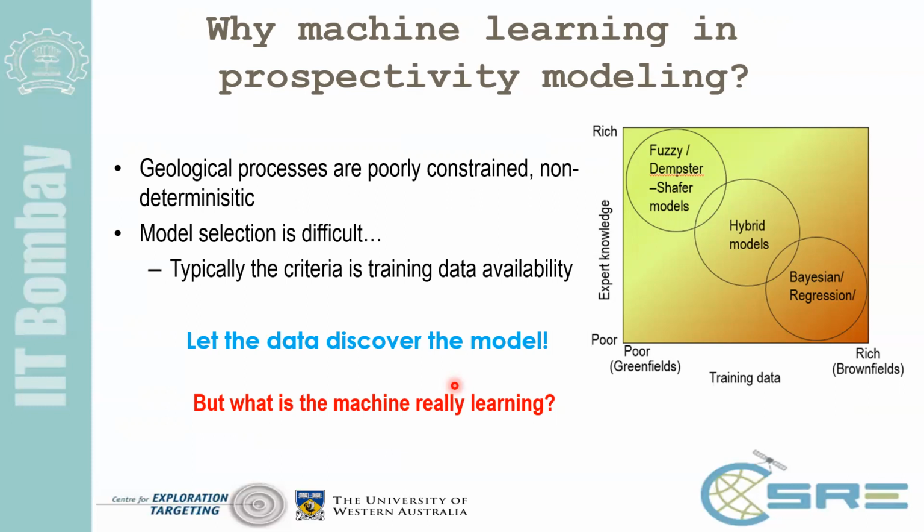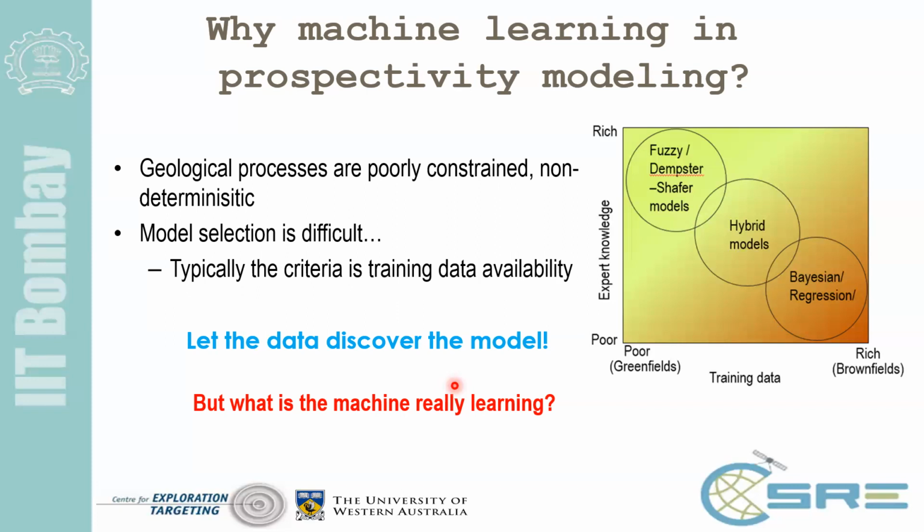And that's why model selection is difficult. We really don't know what the relationship is between the input, which are the data sets that we have, and the output, which is the mineral deposit. So we don't know what the relationship is between these two. And that's why model selection becomes critical. And what we typically do is base our model selection on what kind of data sets are available to us. If we are in brownfields exploration, where lots of deposits have already been discovered, it's probably good to use some kind of data-driven approach where we use analogs.